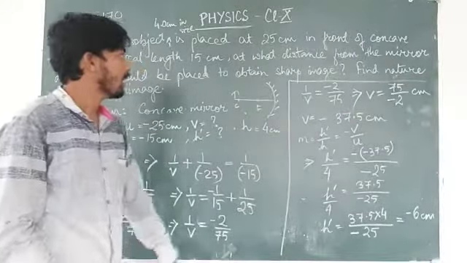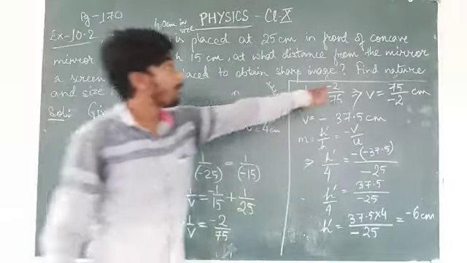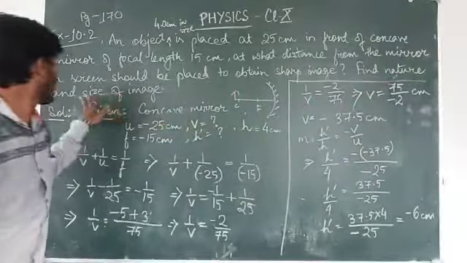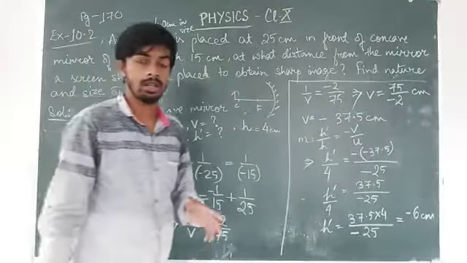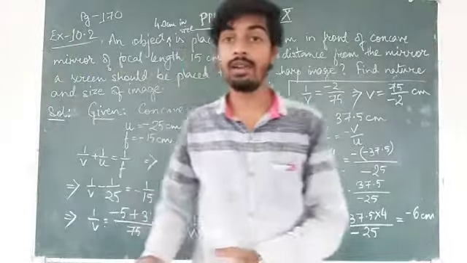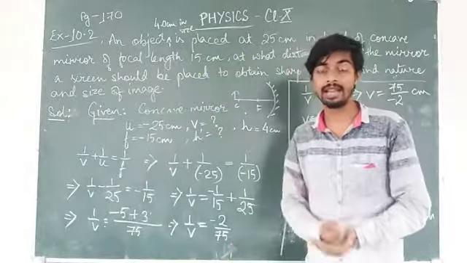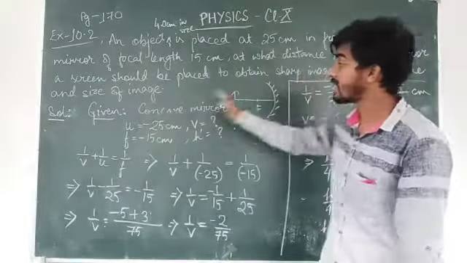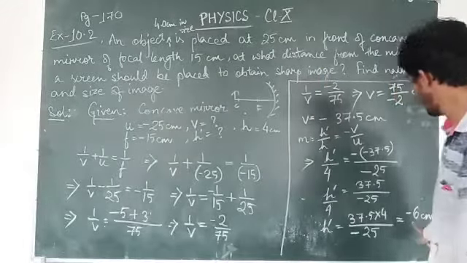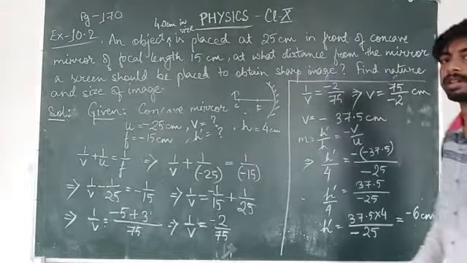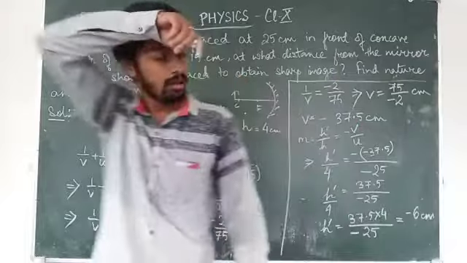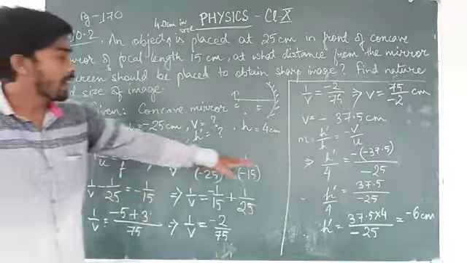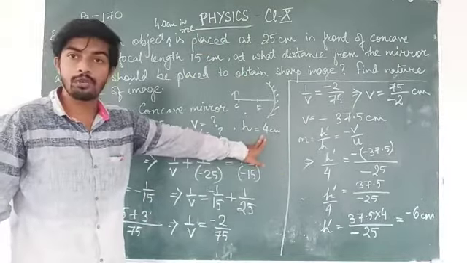Now, in the question it is asked, find nature and size of the image. I don't have enough space, so you can write in your copy. I'm just telling it, or you can refer from your book. First of all, the size of the image is minus 6 centimeter. Now look here, the size of the image is bigger than the size of the object.